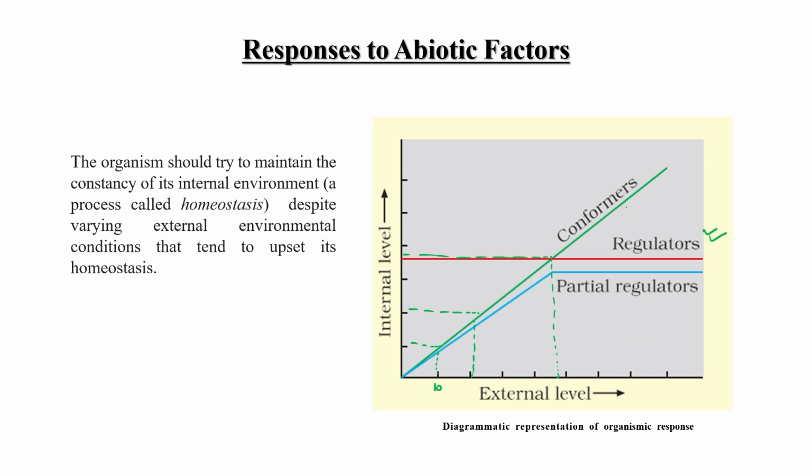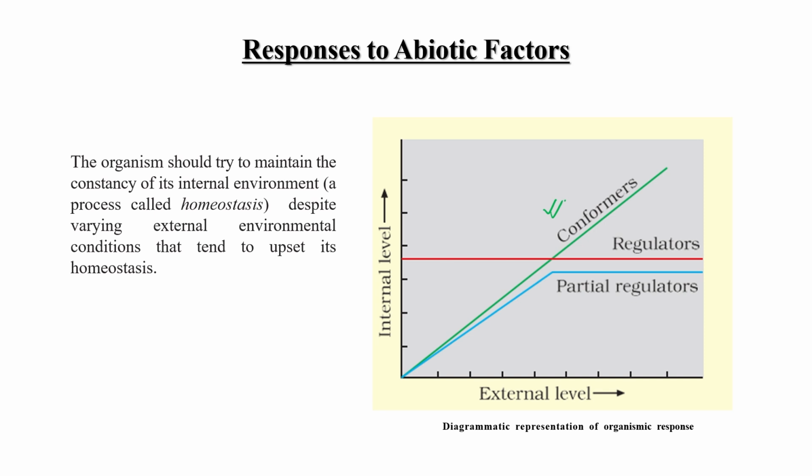Means what this graph tells us is that all those animals whose internal body temperature changes according to the weather temperature come under conformers.